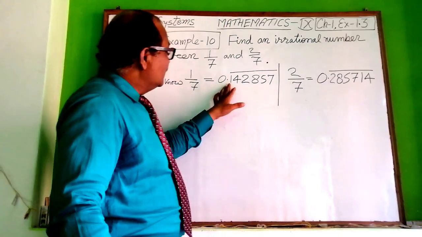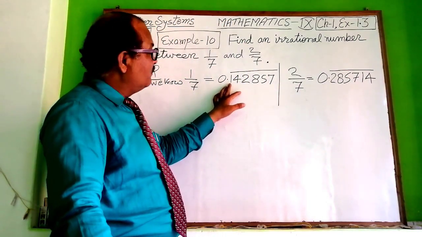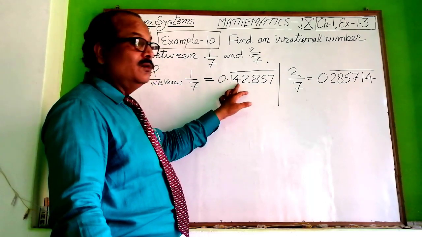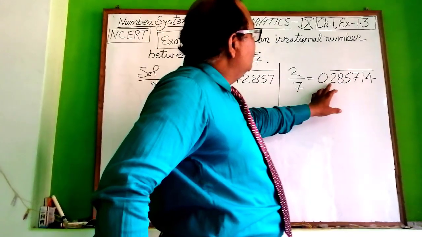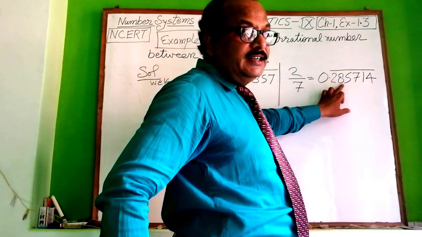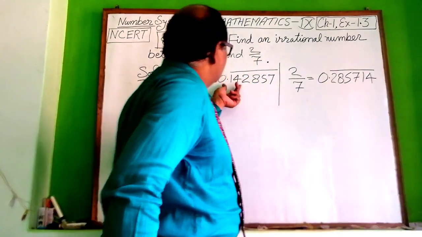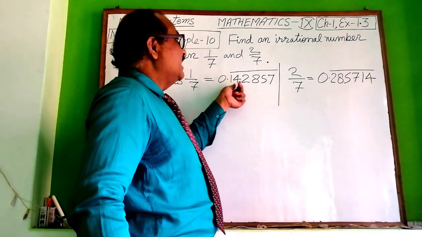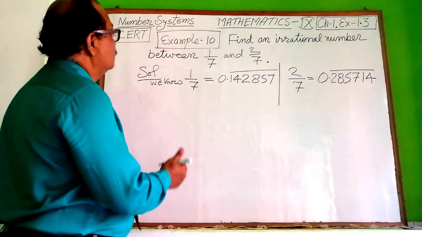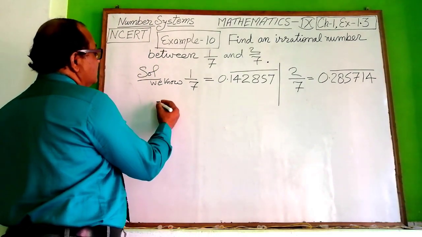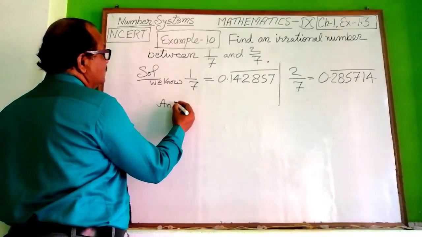Now you can find the numbers after these: 0.14 and here 0.28. So between 0.14 and 0.28 there are so many numbers. You can write your answer like this.